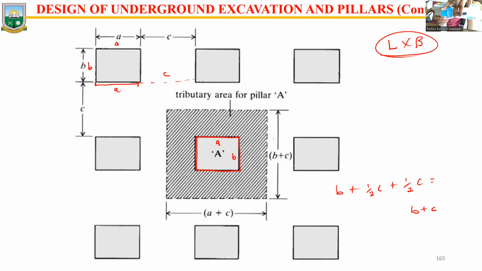So the tributary area principle is saying that if I have any given pillar like this set up, this pillar here is going to carry the pressure that is coming. It will divide it equally among themselves.